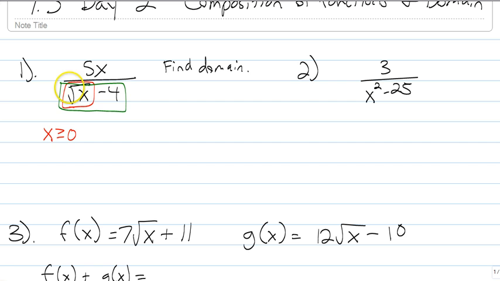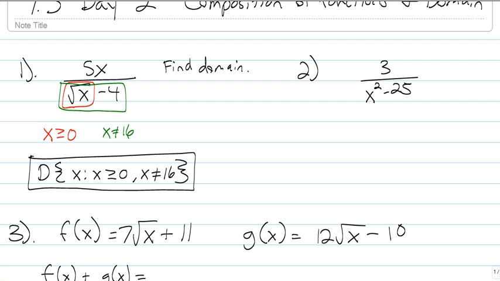So if this piece turned into a positive 4 somehow, that would give the bottom of 0, which we cannot have as well. What value of x gets a 4 out of that? So the square root of something is 4. That would be 16. So my final answer is the domain for this problem is that x has to be greater than or equal to 0, but it can't be 16, or else we get a 0 on the bottom. And that's it.